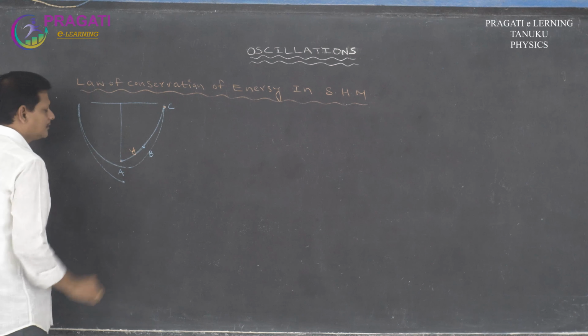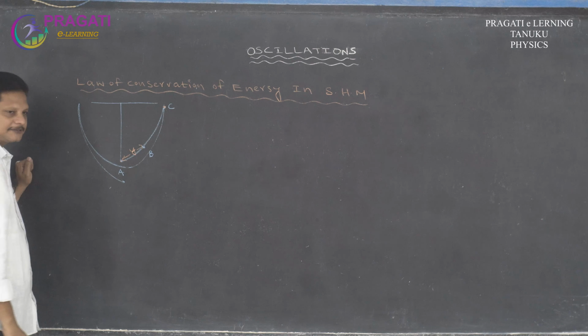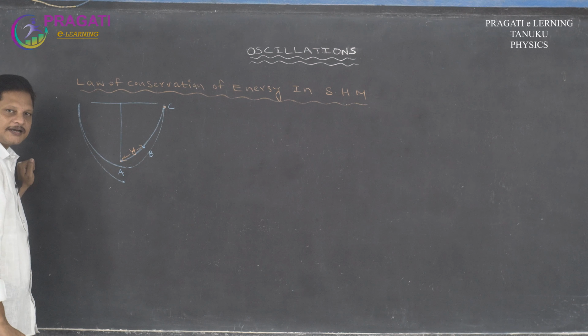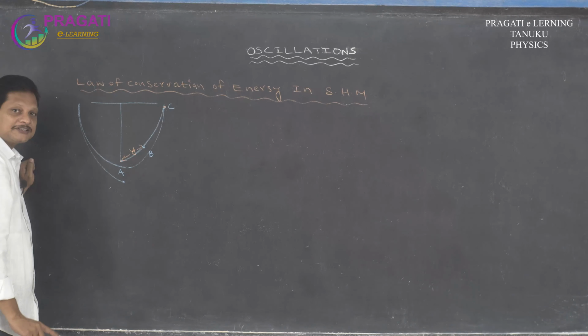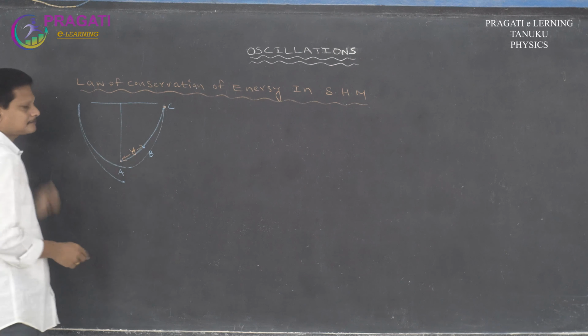Let B be at a displacement y from the mean position. We have to show that the total energy remains constant, that is equal at B, A and C.